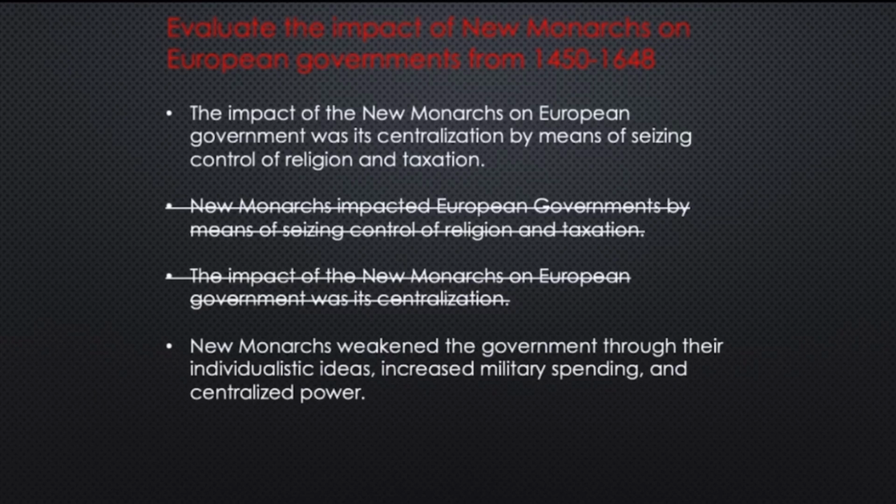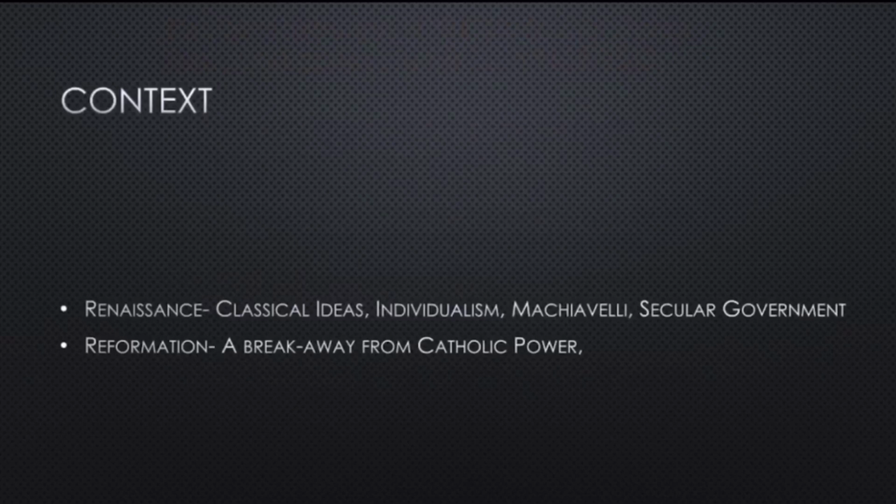So then we go to the context. The contextualization for the new monarchs would largely be Renaissance and Reformation. I would talk about them both. You just need to talk about it just enough to really paint the picture, you know?